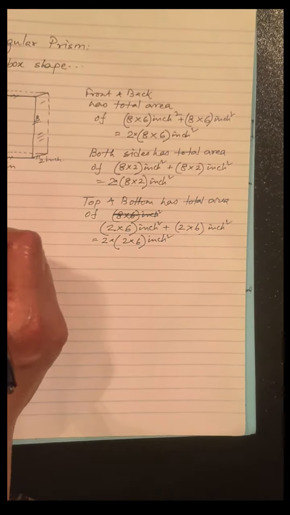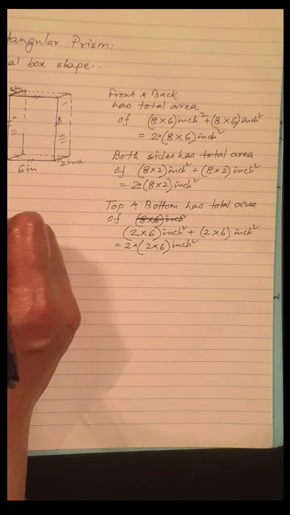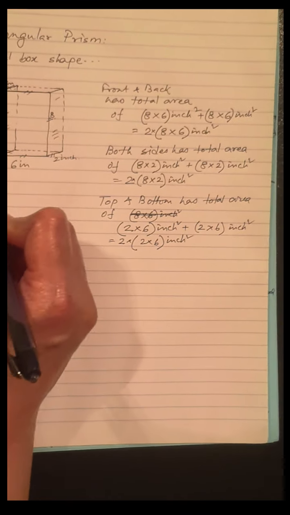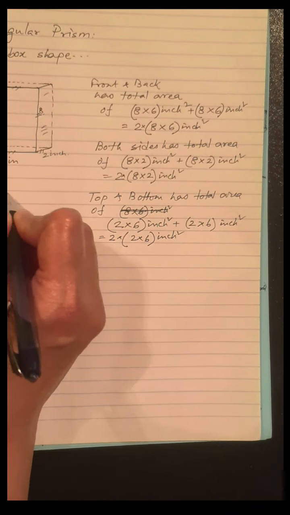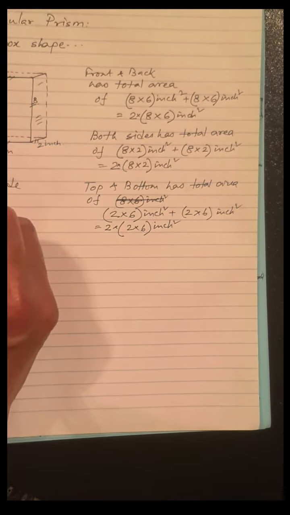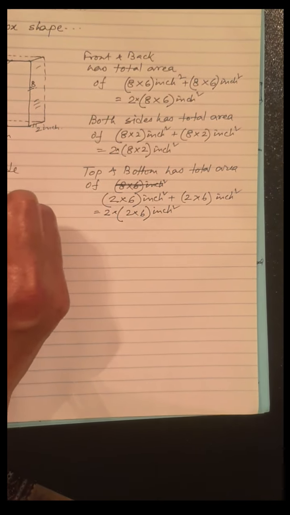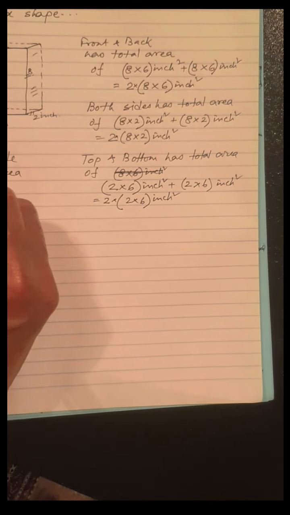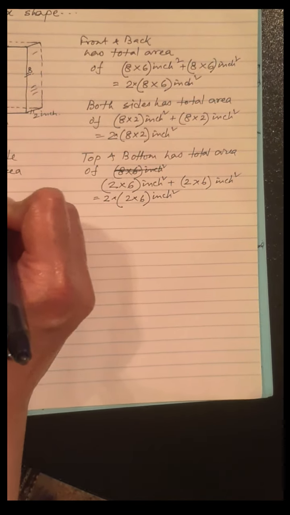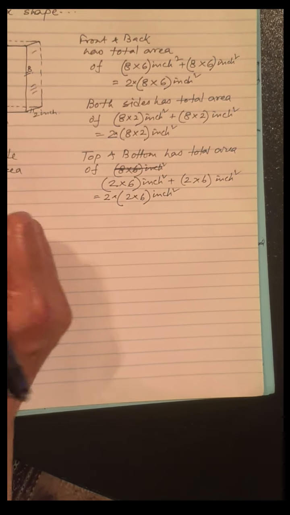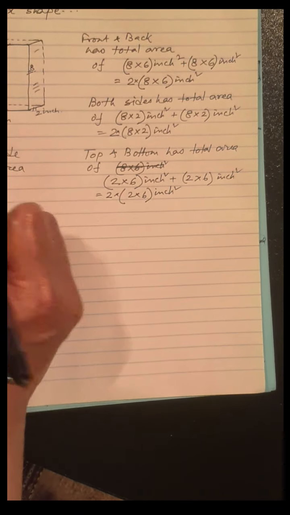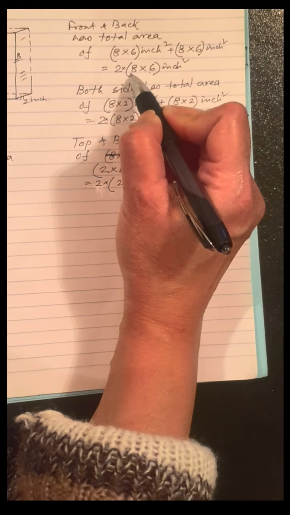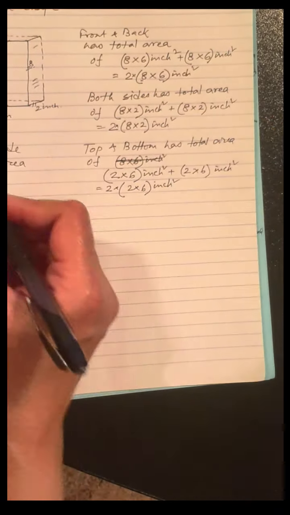So the total surface area, total outside surface area of the box is equal to 2 times 8 times 6, which is height and the width.